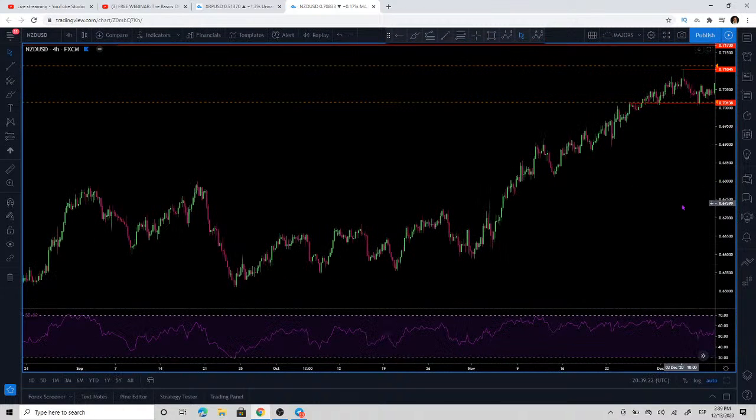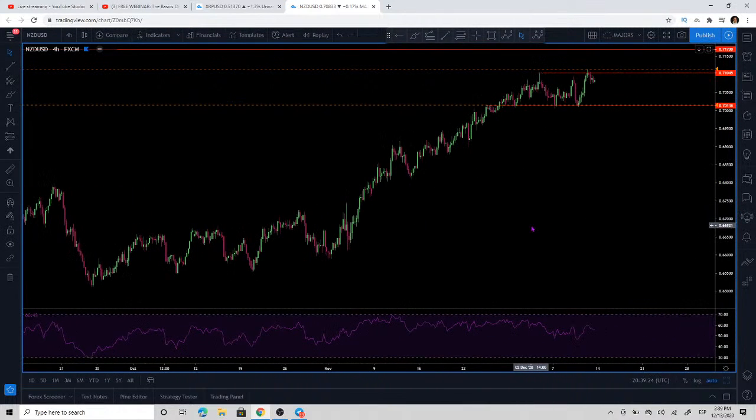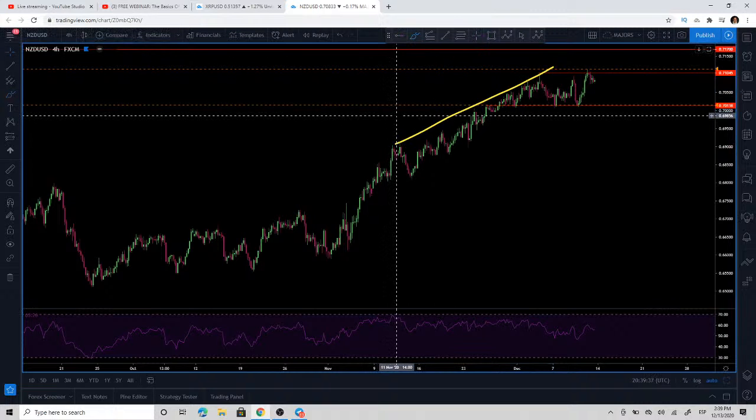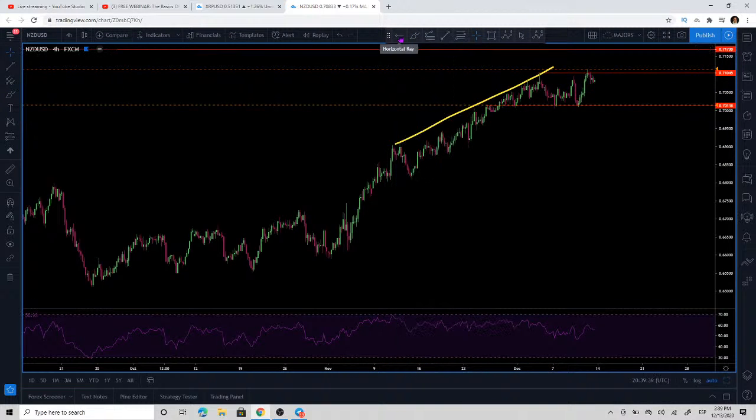And this is the tricky part of divergence. For example, here on the Kiwi USD, from this time in price action around November 11th, this is where the divergence started, really, on the Kiwi USD, and it really hasn't reversed.